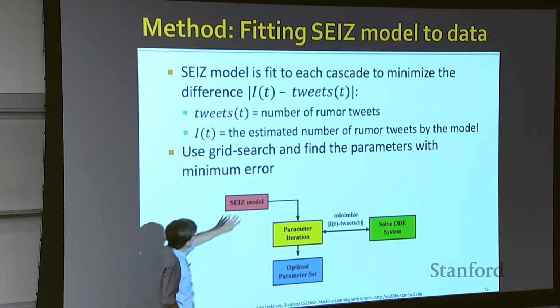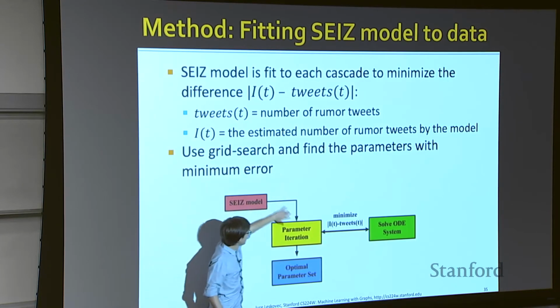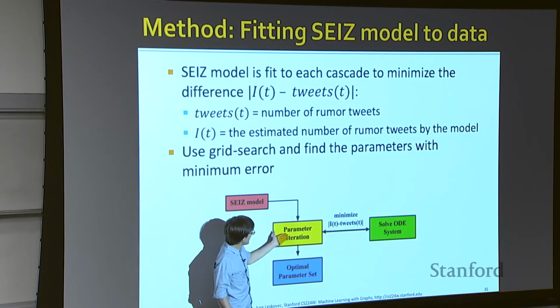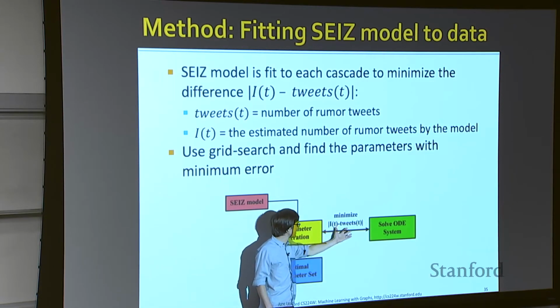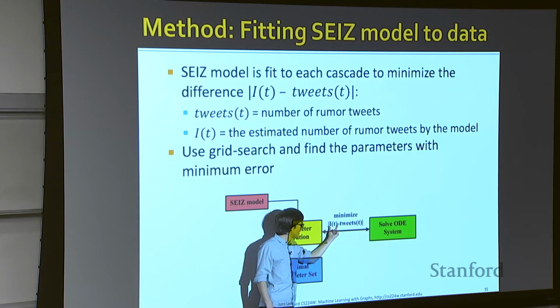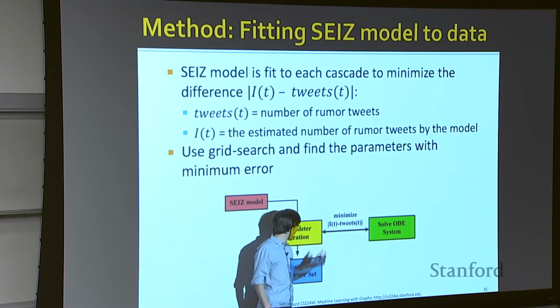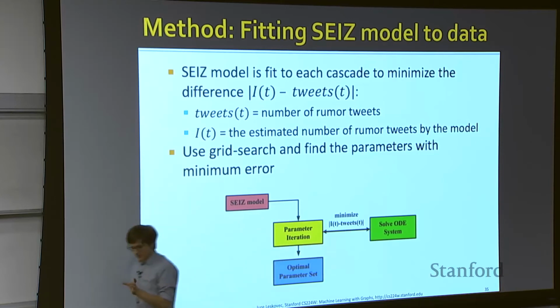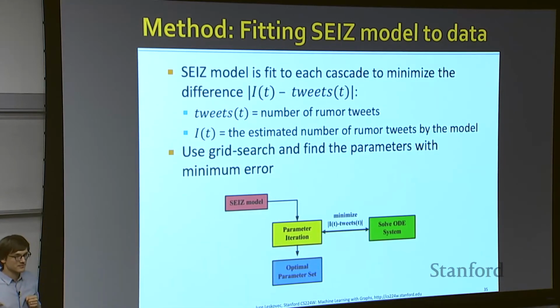So the idea is, we talked about the model, they selected the parameters, simulated the model, and then looked at the error between the actual number of tweets and the predicted number of tweets by the model, and they would iterate this until the error was small over the grid search over the parameters. Okay? Is it clear what happened?